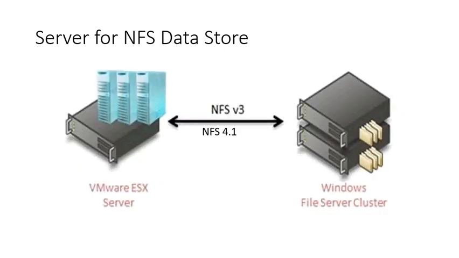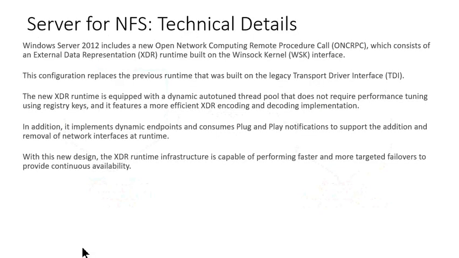Let's have a look at how that will look like. We can use failover Windows clusters for the VMware ESX server with NFS v3 and NFS 4.1 to failover between the nodes. Technical details. Server 2012 includes a new Open Network Computing Remote Procedure Call, or ONC RPC, which consists of an external data representation, XDR, runtime built on the WinSock kernel interface.